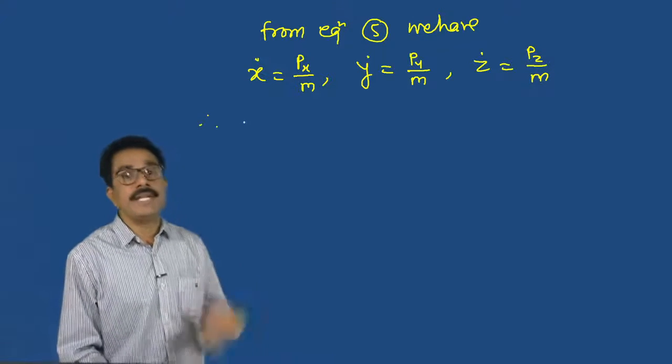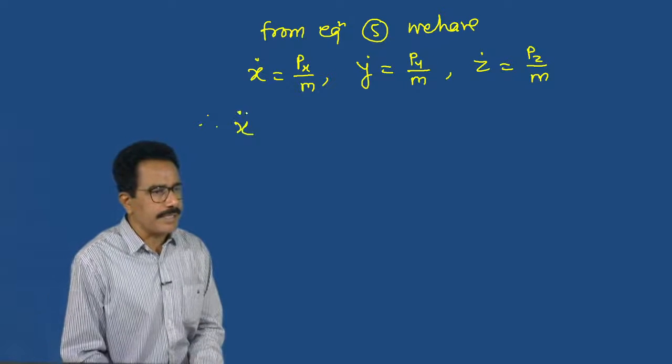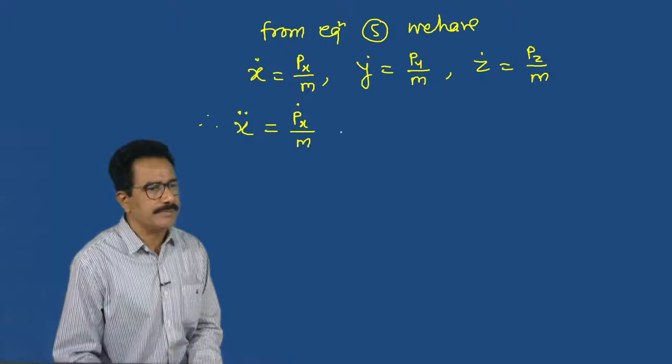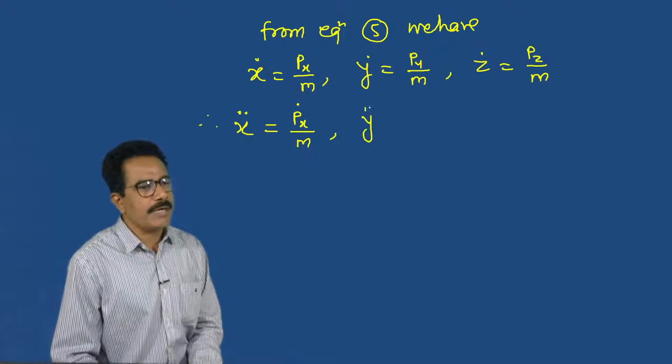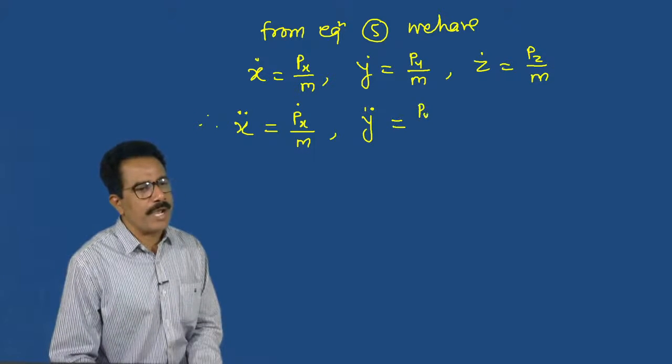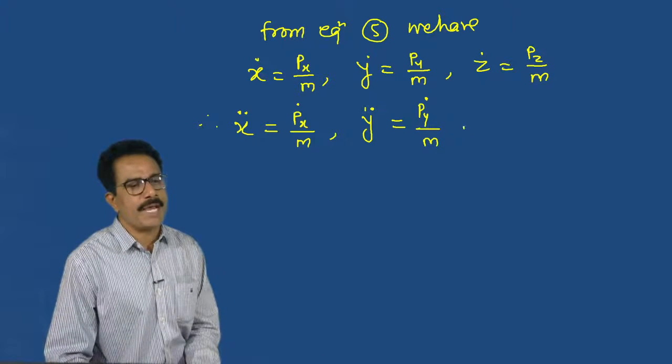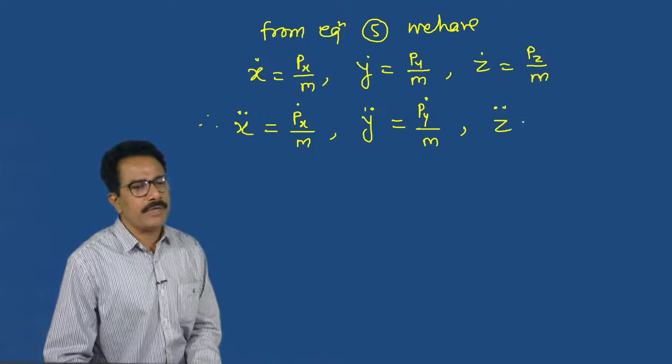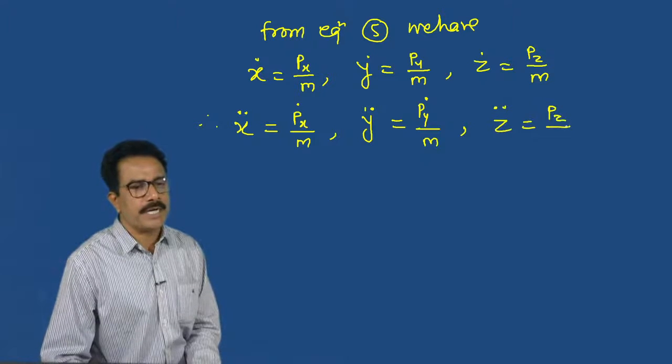So differentiate this with respect to t: x double dot equals px dot upon m, y double dot means py dot upon m, m is a constant which is the mass, and z double dot equals pz dot upon m.